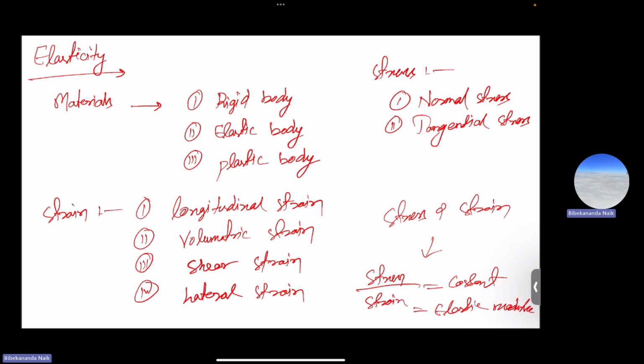Since we have different types of stress and strain, similarly we have different types of modulus of elasticity. Mainly there are three types. One is Young's modulus of elasticity, denoted as Y, which is longitudinal stress by longitudinal strain.